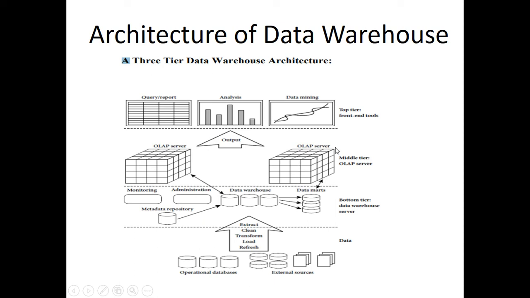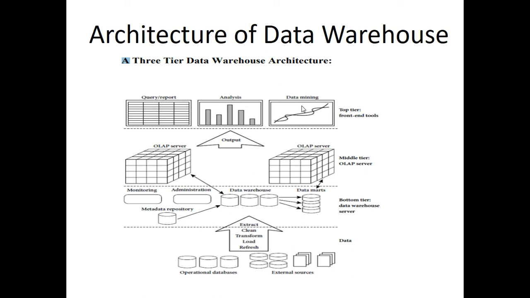Then we have the middle tier, called the OLAP servers, where data is converted into cubes. From that we make the top tier, where we get the reports, analysis, and data mining outputs or patterns. This is called a three-tier architecture.